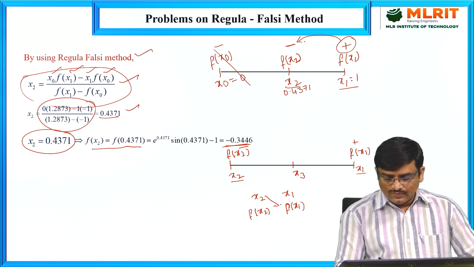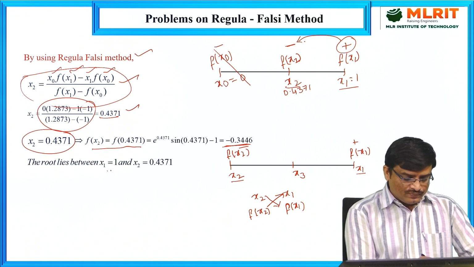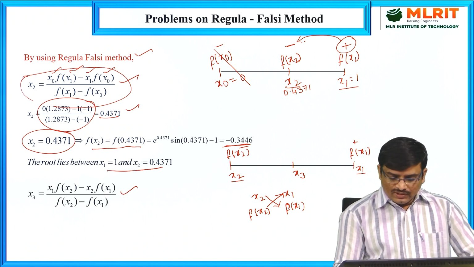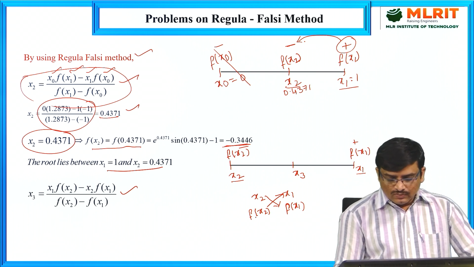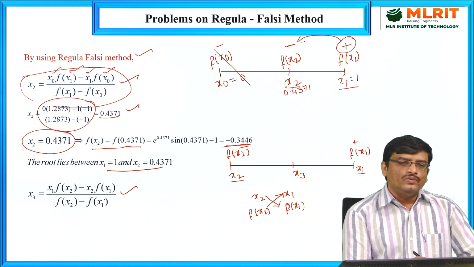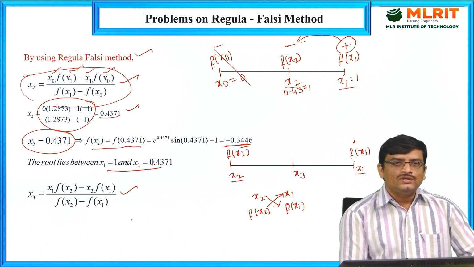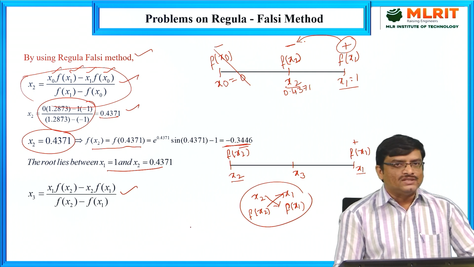Now cross multiply this and cross multiply this, so this is our formula. So x2 minus x1 by, minus x1 minus x2. If you take minus common from the numerator and denominator, you will get this value. So no need to worry about this. This is the process how to get the formula to find out x3 value here.